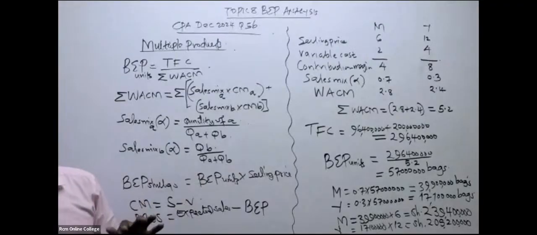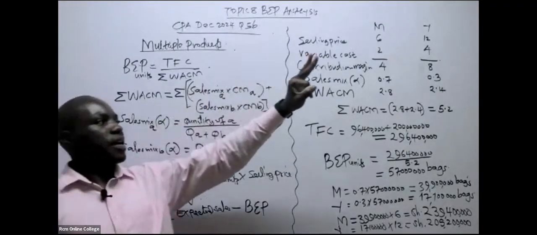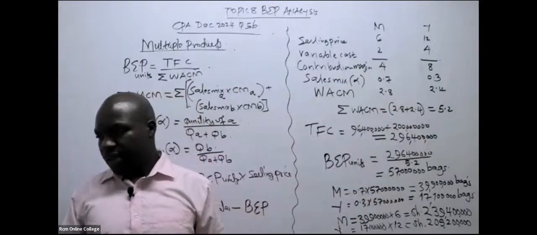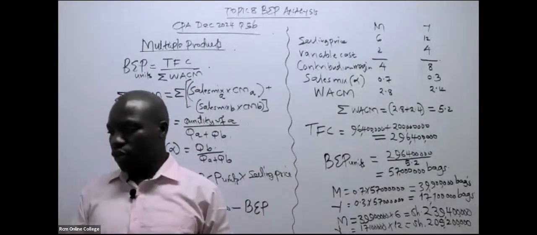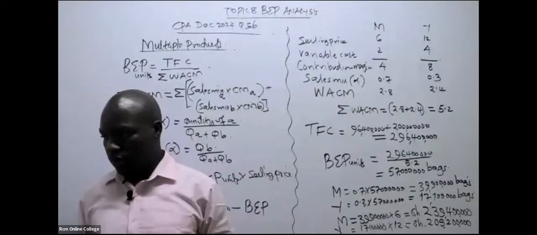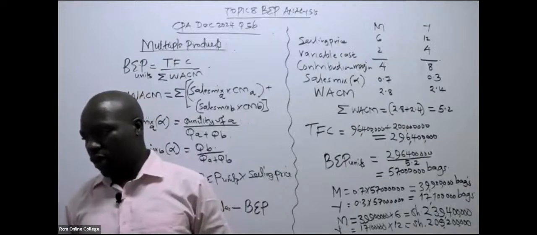Good. CN, do you have 2.8 and 2.4? Good. So when you take 2.8 plus 2.4, what are you getting?